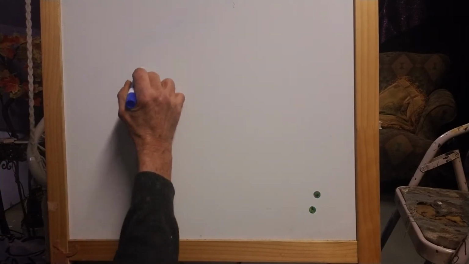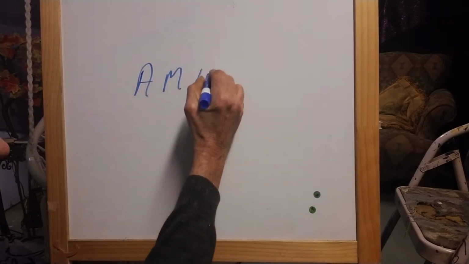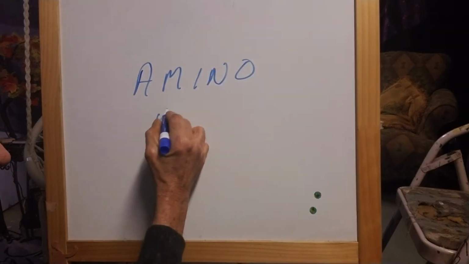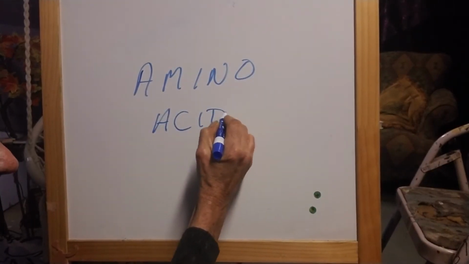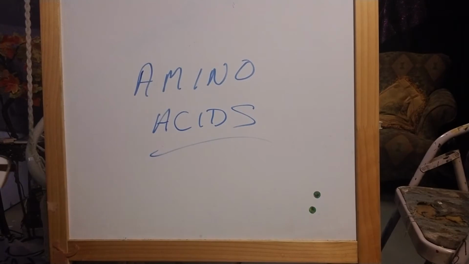I think the next thing to talk about is something everyone has heard about, but maybe doesn't know what it is. Amino acids. I think everyone has heard of this at one time or another. What are they? How are they used?